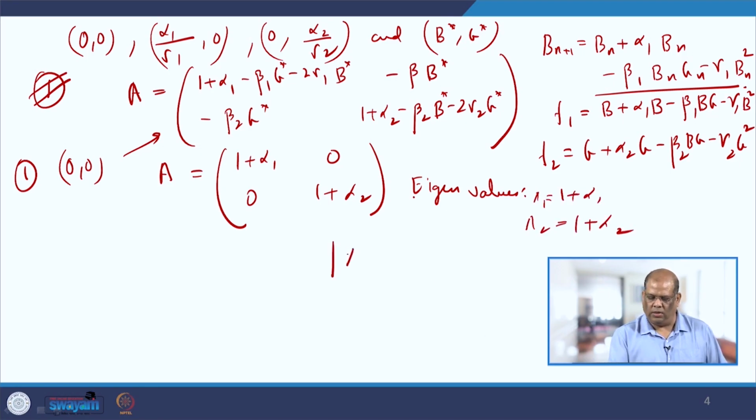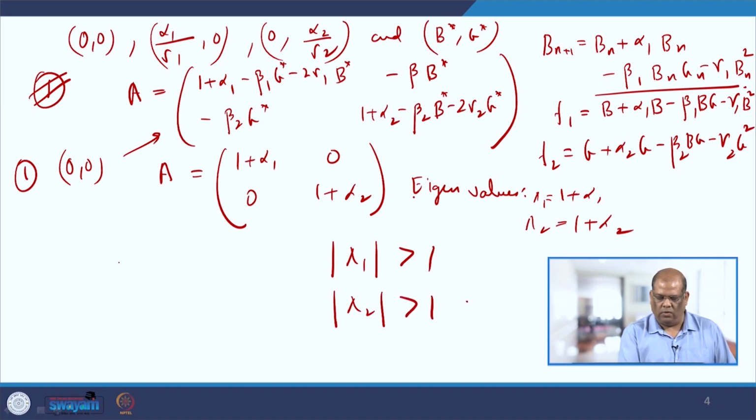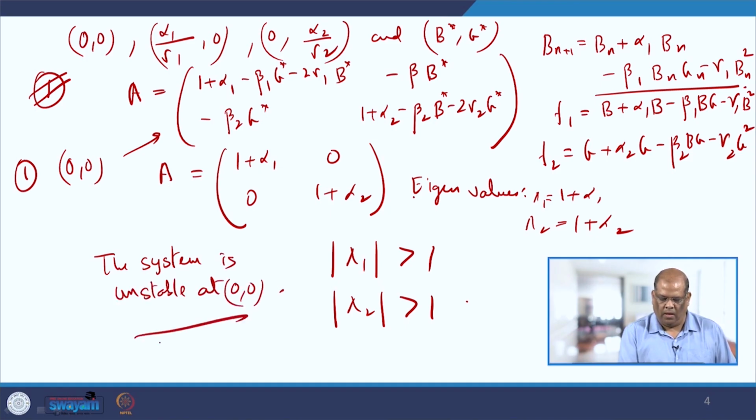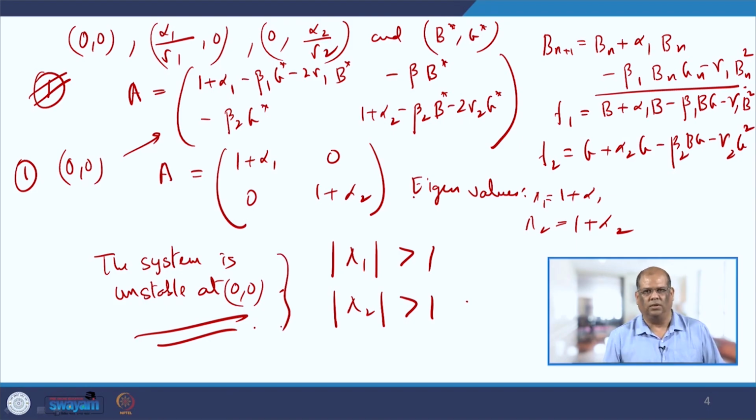So, modulus lambda 1 is greater than 1, modulus lambda 2 is greater than 1. So, the system is unstable at 0, 0. 0, 0 means both the species die and nobody wants an extinction. So, that is obvious, and as the model suggests, the system is unstable.